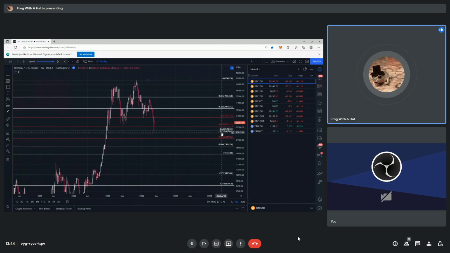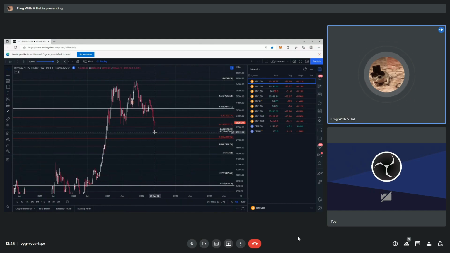I told you that the 0.71 to 0.68 is a golden pocket. This is usually where the buying is. People who want to buy the bottom, this is where they buy. They buy between the 0.71 and the 0.68. This is called the golden pocket.